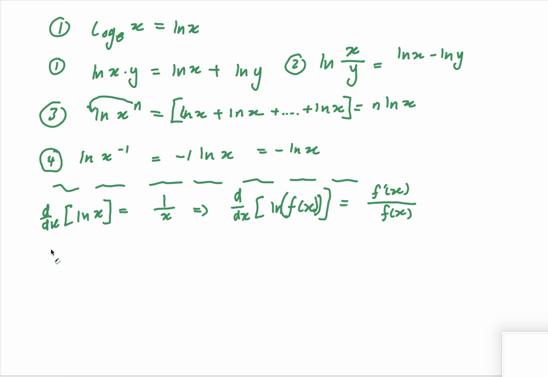So now there's two rules that come from this principle. Let's call this principle 1 of ln.